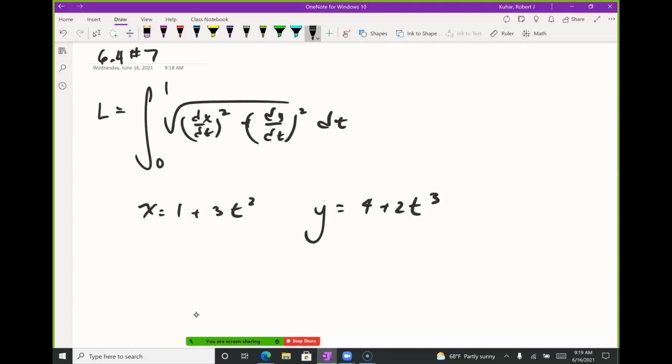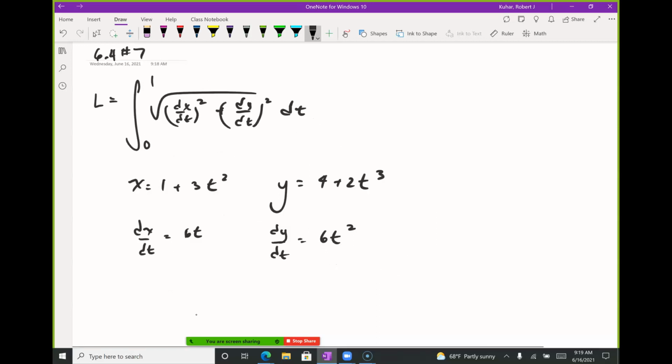So I need derivatives here, right? So I know dx/dt is 6t, and I know dy/dt is 6t squared. We agree with that? And I'm going to square both of those.